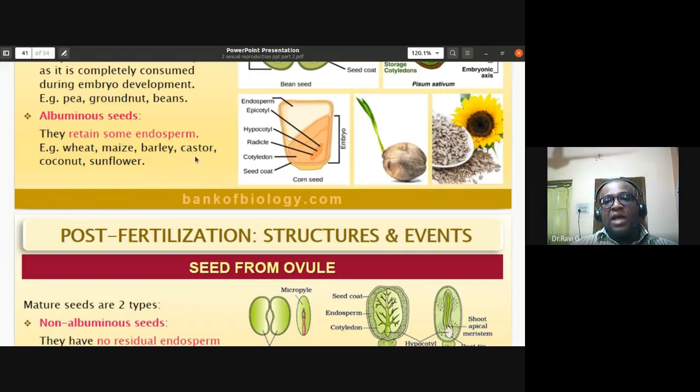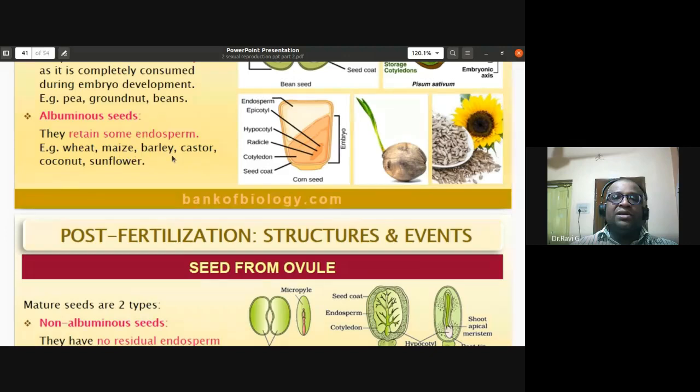Albuminous seeds retain endosperm even after embryo development, so we call them albuminous or endospermous seeds. It is like unlimited meals. Examples are wheat, maize, barley, castor, coconut and sunflower.